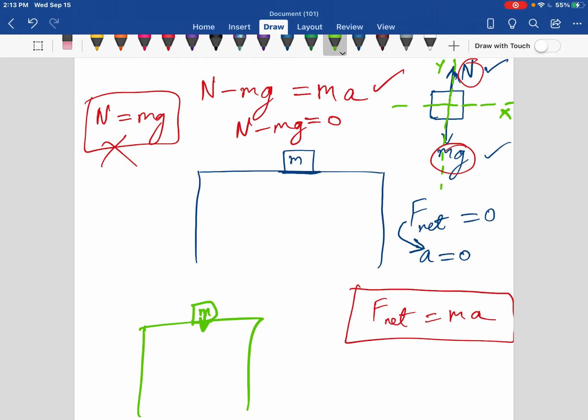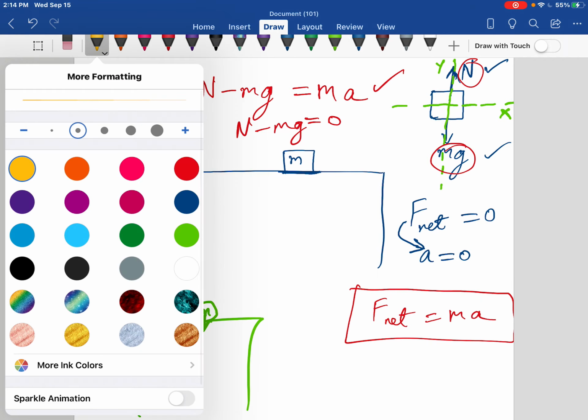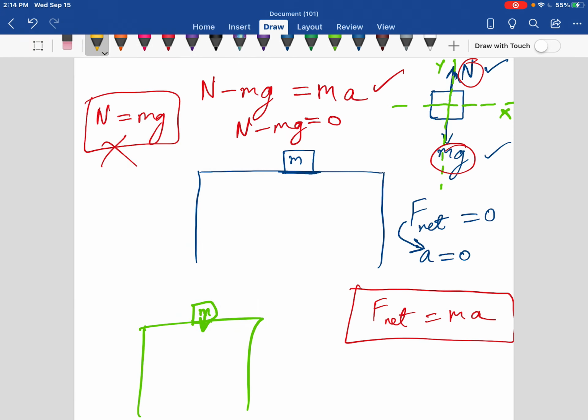So I want to use the same table example to describe this Newton's third law. Let's look at the force. We've all seen the free body diagram over here, right?